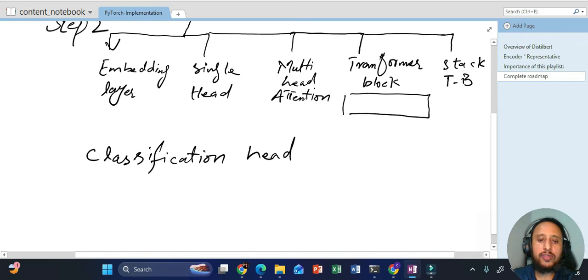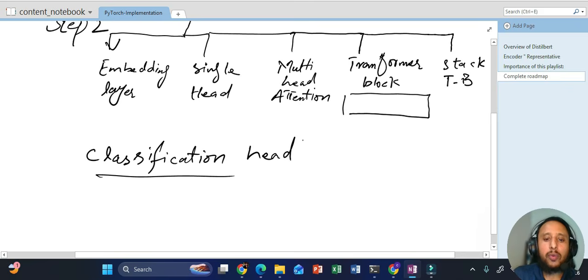So this is going to be our journey. With this classification head we will be able to classify our text. Once this is done, we will have our own DistilBERT model.